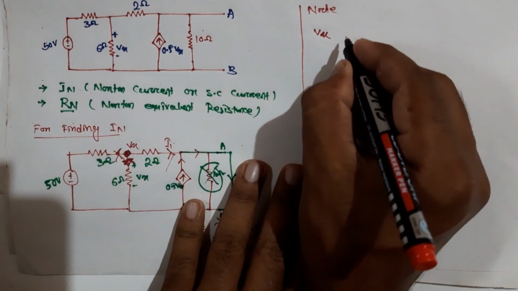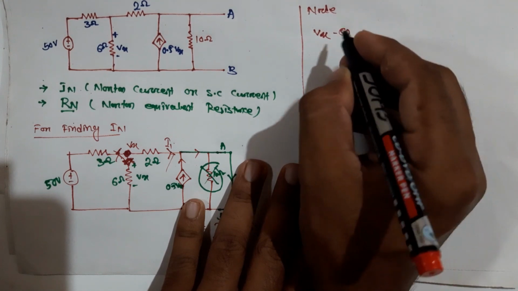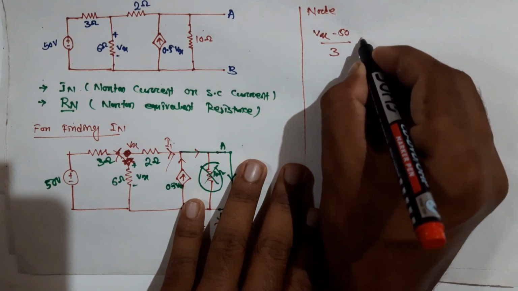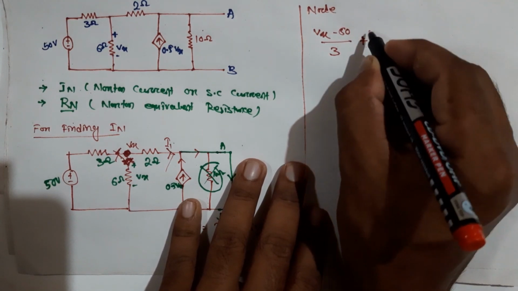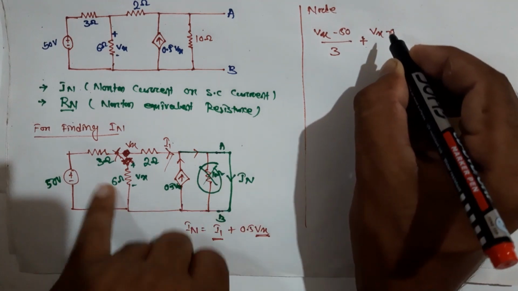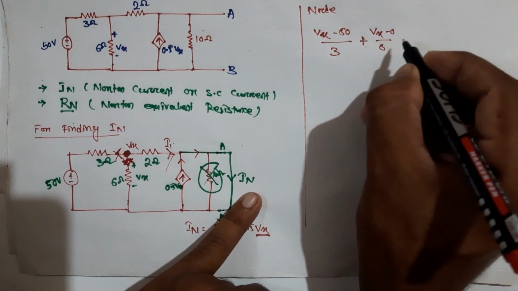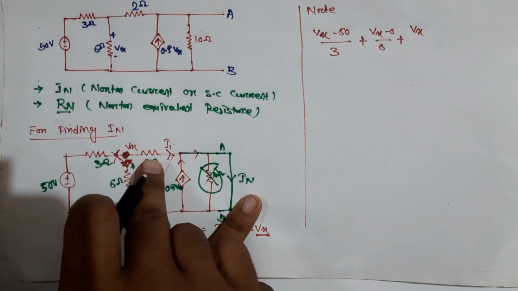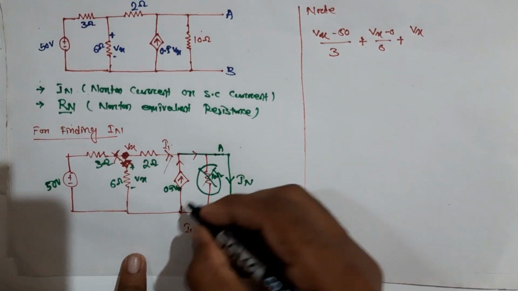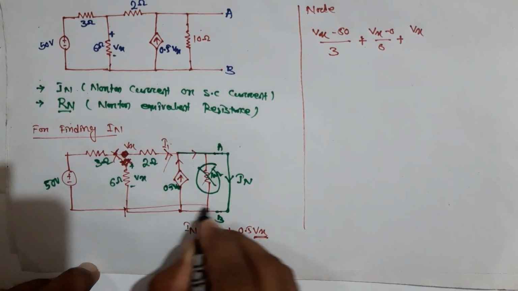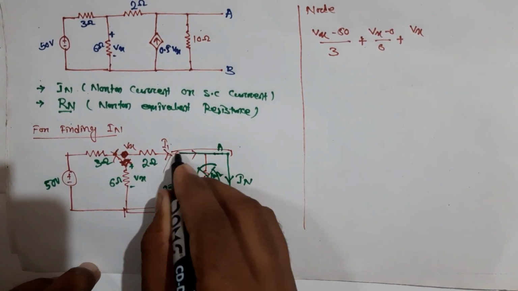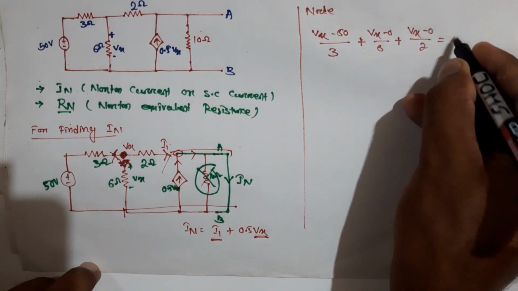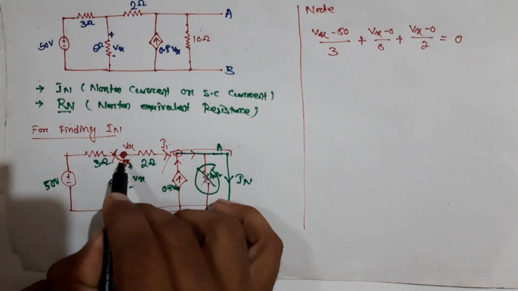(Vx minus 50) divided by 3, plus (Vx minus 0) divided by 6, plus (Vx minus 0) divided by 2, is equal to 0, because this is the zero potential point due to the short circuit. This is the node equation at this node.